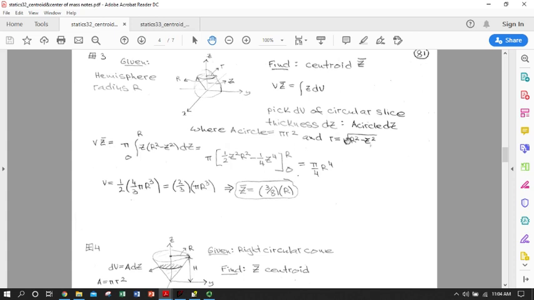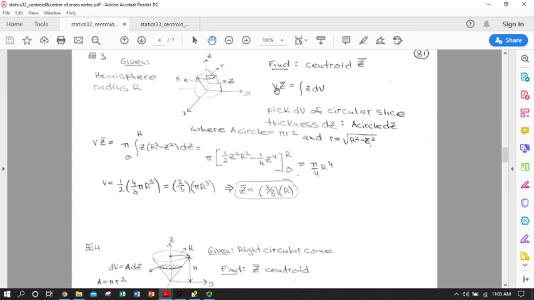It's a sphere, you can slice it anywhere and get a circle. So we're getting this particular circle. So if I square this and multiply by pi, I have my A circle. And then I multiply by a dz and I have my volume element. So now I have my volume element expressed in terms of z, which is what I need to put in this function when I integrate.